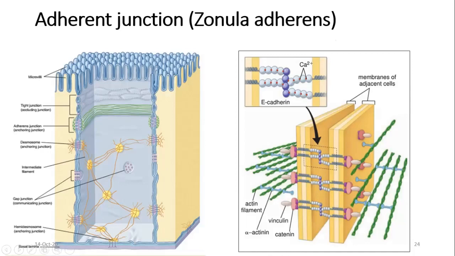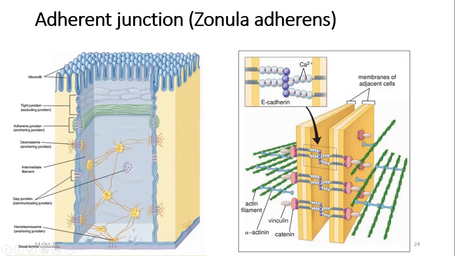As we see from the apical part, more close to the apical part is the tight junctions, below it is the adherent junctions or zonular adherence. And they are formed by cadherin, E-cadherin. As we see here, the membranes of adjacent cells.